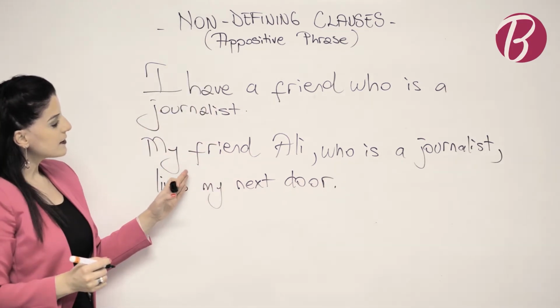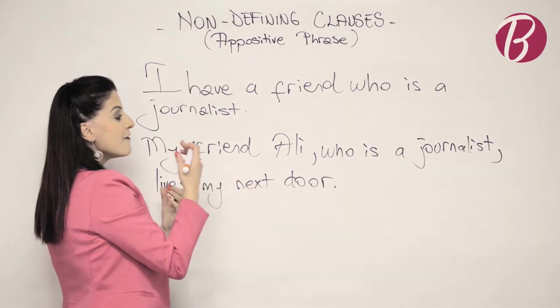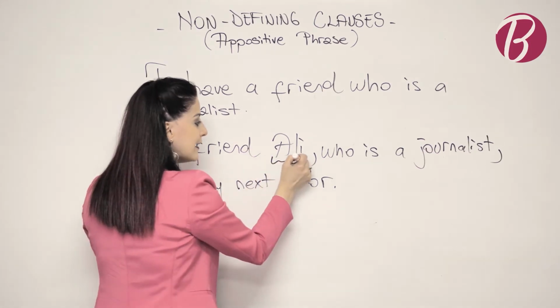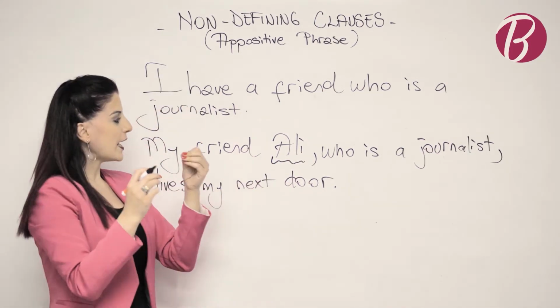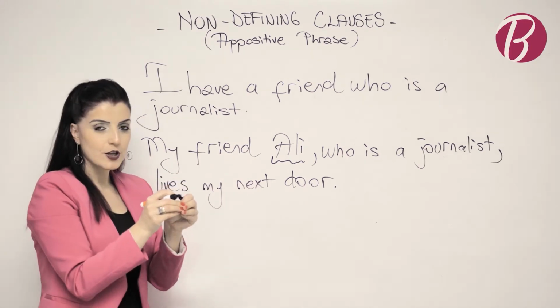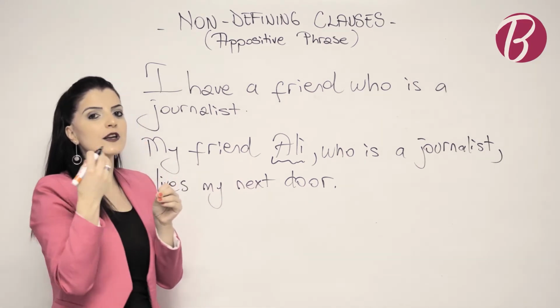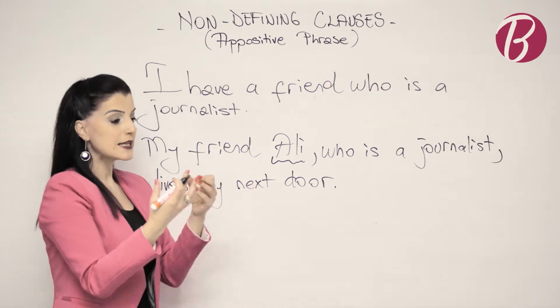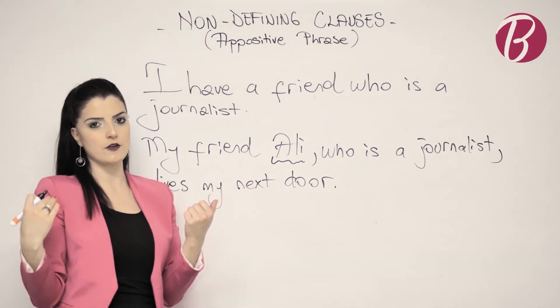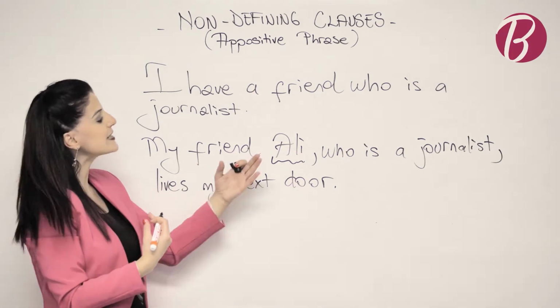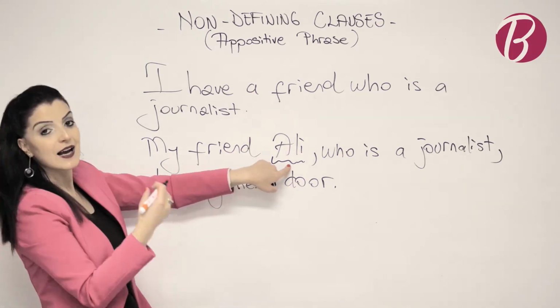In this part, you understand when I say Ali, I give him a name. So in that situation, you don't need to know which friend you are talking about, because I'm clearly telling that it is Ali.